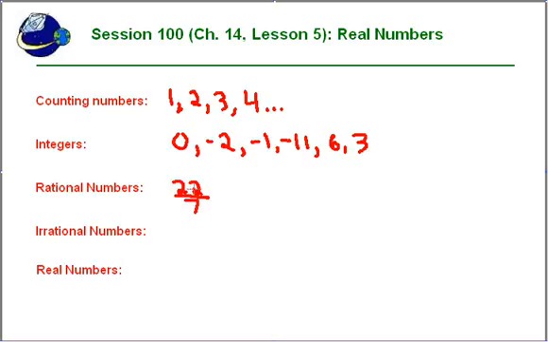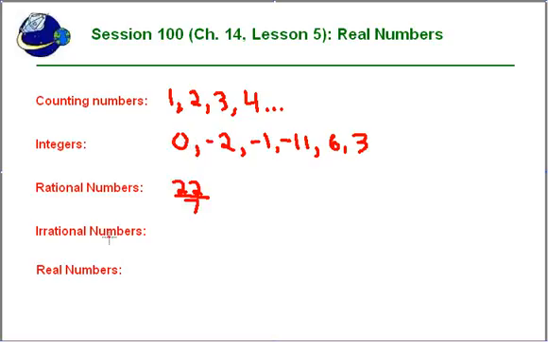However, the answer to this is not an integer. The answer is going to be some type of decimal number, 3.14 whatever. So we can see that integers are a part of the rational numbers, but there are a lot more rational numbers than there are integers. All the counting numbers are a part of the integers, but the integers contain a lot more than just counting numbers.